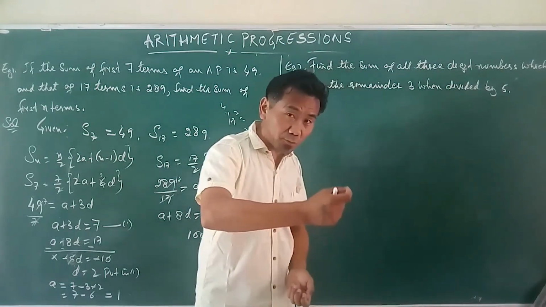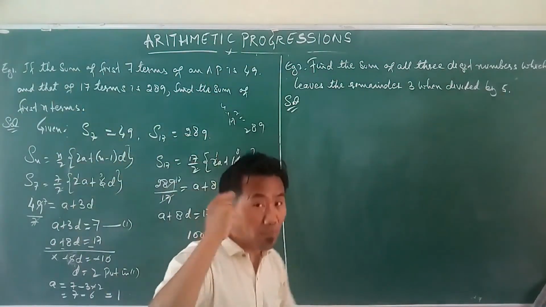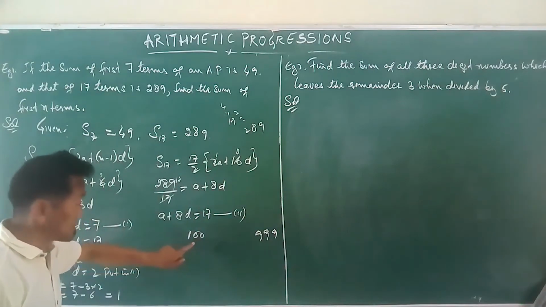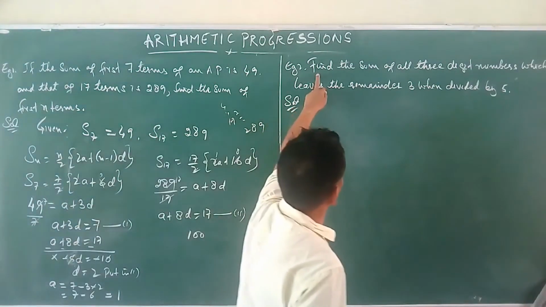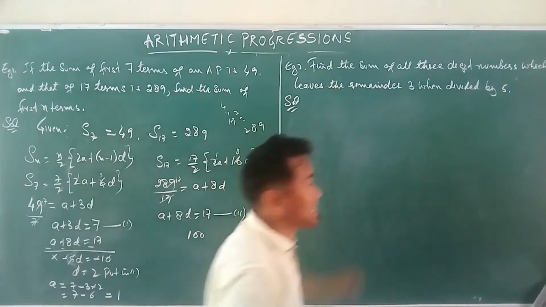Find the sum of all the 3-digit numbers which leave the remainder 3.